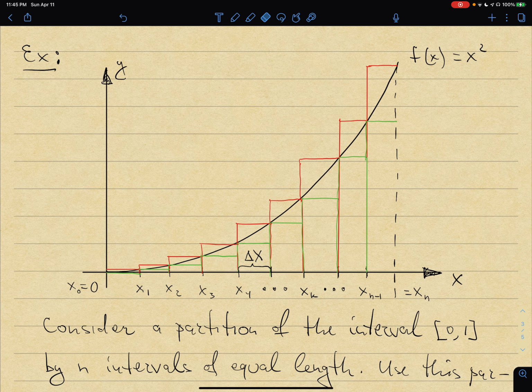So the largest value of the function on a given subinterval is going to give us the largest possible overestimation by using rectangles. So we're going to consider separately the red approximation and the green approximation.